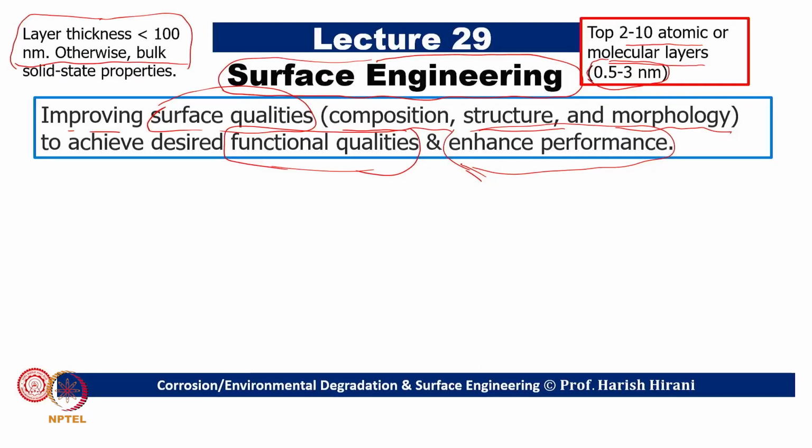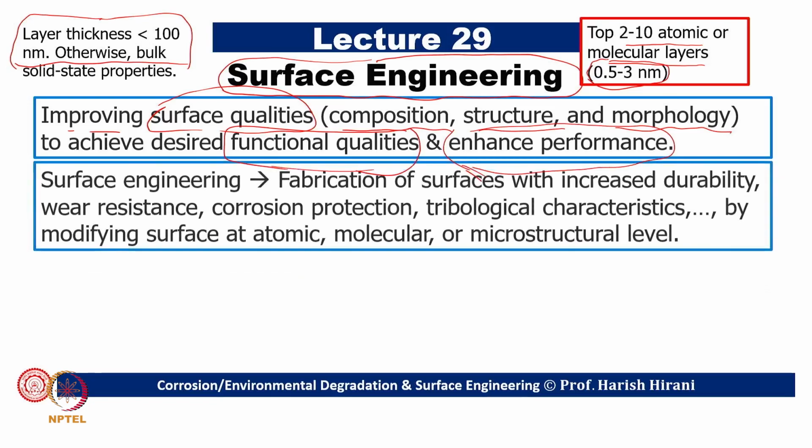We need to do a lot of literature review and study, and then think over how we continuously improve the performance. Maybe we are already using some surfaces, but how do we improve that performance? There should be some sort of quantification, measurement, and then we can think about enhancement.